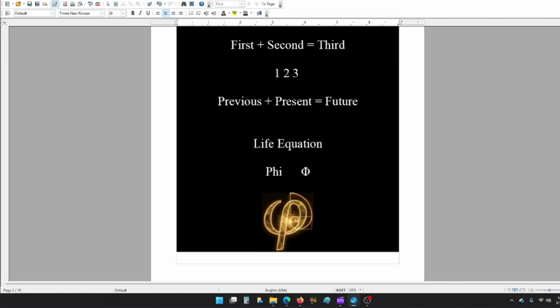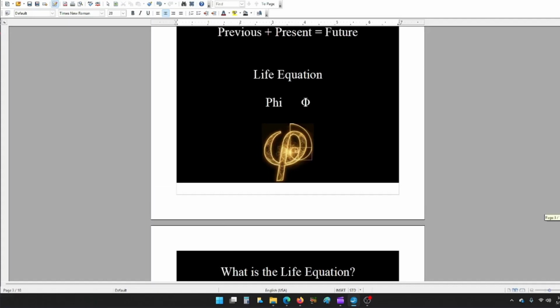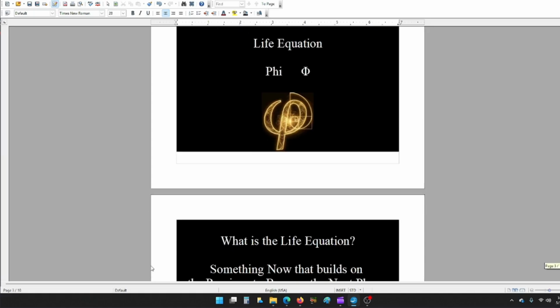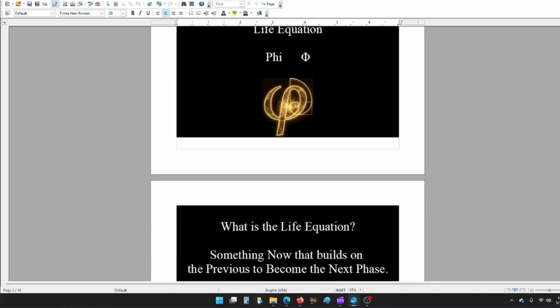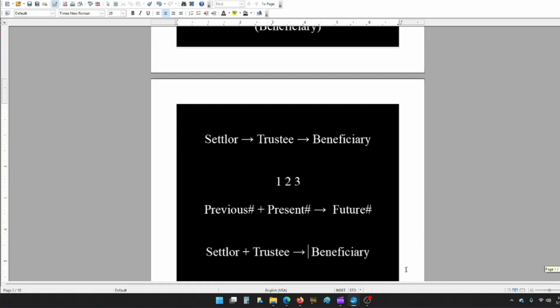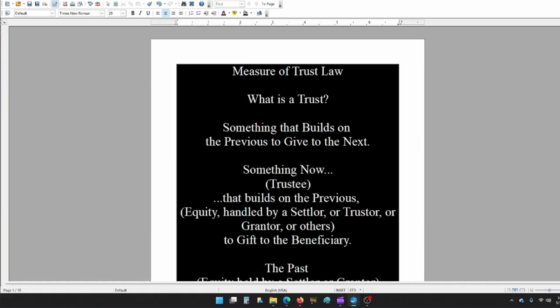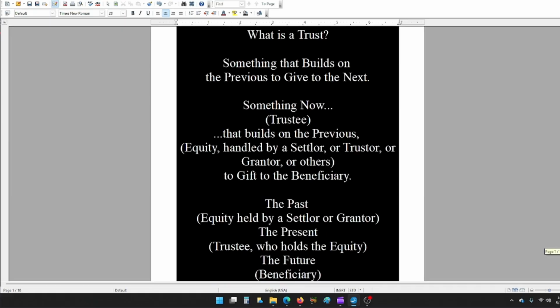This is phi. So what is the life equation? Life equation is something now that builds on the previous to become the next phase. Well, that's just like up here. Something that builds on the previous to give to the next. Something new that builds on the previous to give to the beneficiary. The past, the present, the future.